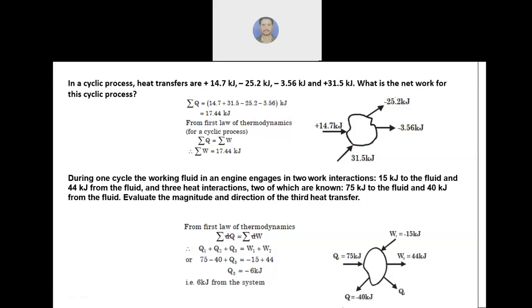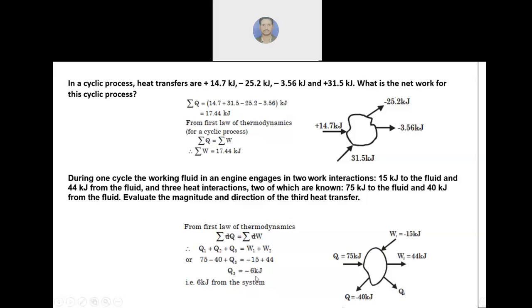Now the third heat transfer you have to calculate. How will you calculate? Write the first law of thermodynamics for a cyclic process: total heat transfer equals total work transfer. Total heat transfer is 75 minus 40 plus Q3, where Q3 is unknown. Total work transfer is minus 15 plus 44. Substitute the values and solve, and you get Q3 equals minus 6 kilojoule.